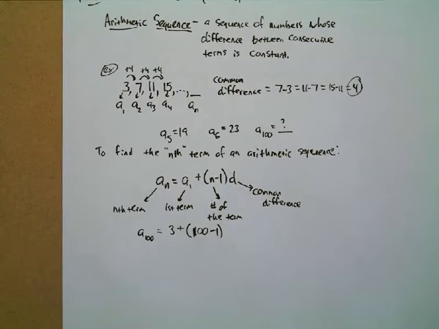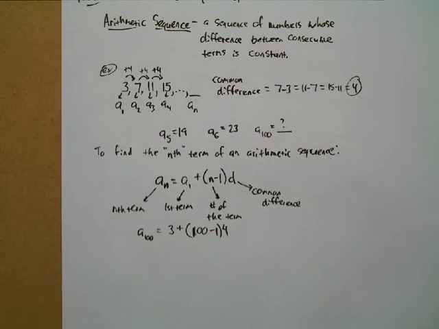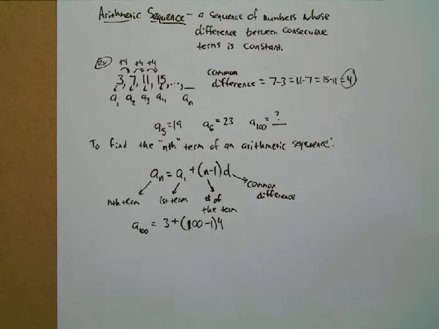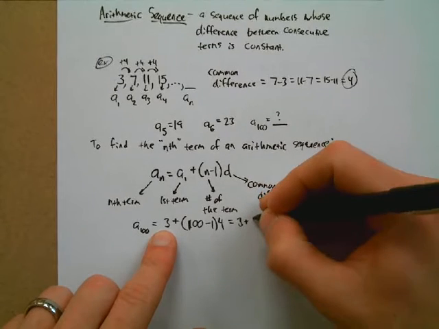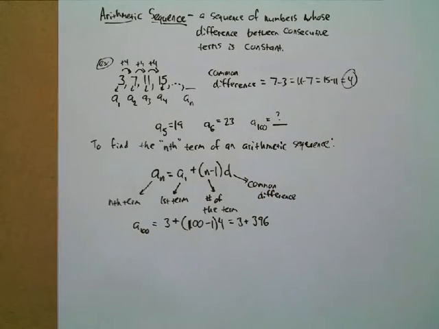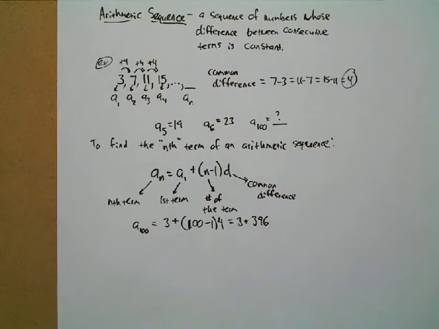Okay, so then you're going to get 3 plus 396. 400 minus 4, I get 399 then. So the 100th term is 399.